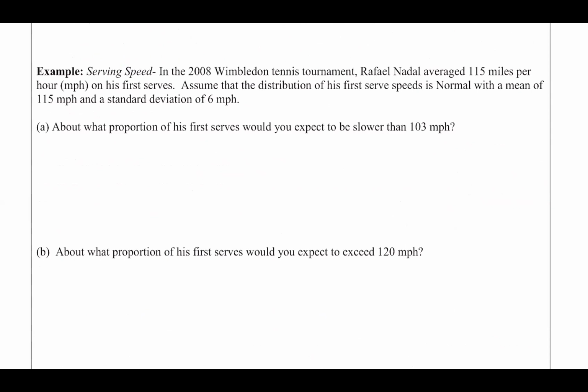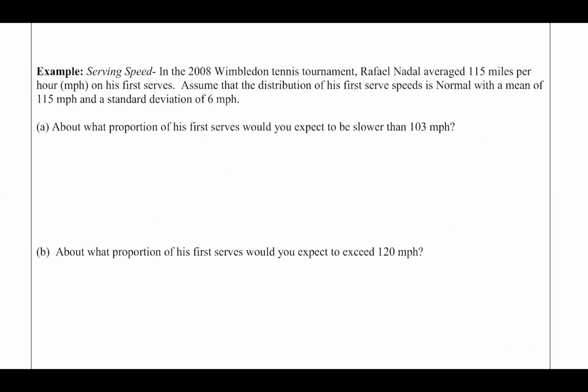So for this one it says, serving speed in the 2008 Wimbledon tennis tournament, Rafael Nadal averaged 115 miles per hour on his first serve. Assume the distribution of his first serve speed is normal with a mean of 115 and a standard deviation of 6 miles per hour. So if you notice for this one, they're giving us a mean and a standard deviation.